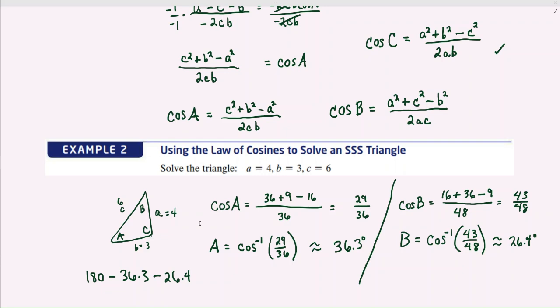So our total here is 117.3 degrees. All right, so we have A is roughly 36.3 degrees, B is roughly 26.4 degrees, and C is 117.3 degrees. It gave us all the lengths. We have all the angles, so this is a solved triangle.